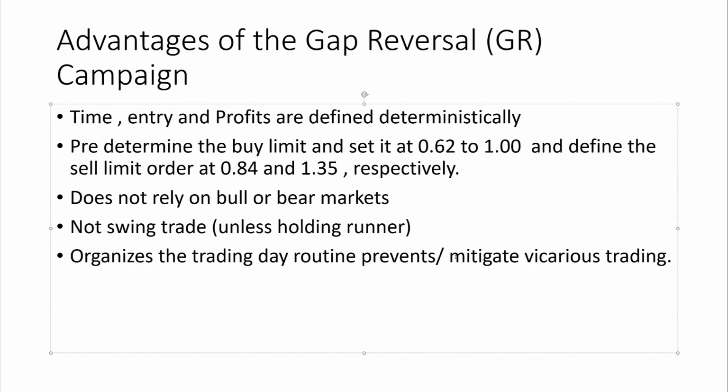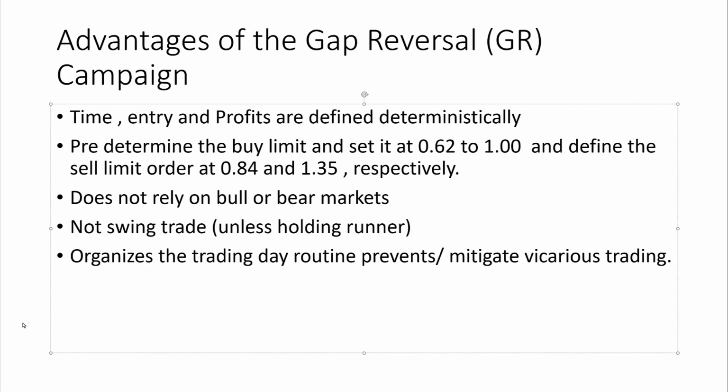So you eliminate the vicarious trading by mastering that strategy. Because what if the whole market gaps up or gaps down? Then you're going to be stuck picking which one. You can't pick all of them. You're going to have to pick one, and it doesn't matter which one you pick. They all have an equal opportunity of winning, as long as you understand the rules and the edge that we're going to discuss.